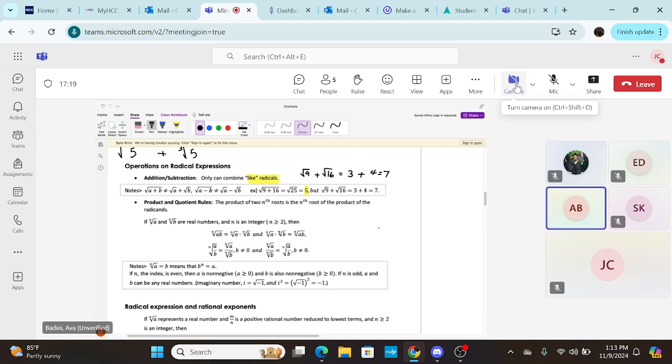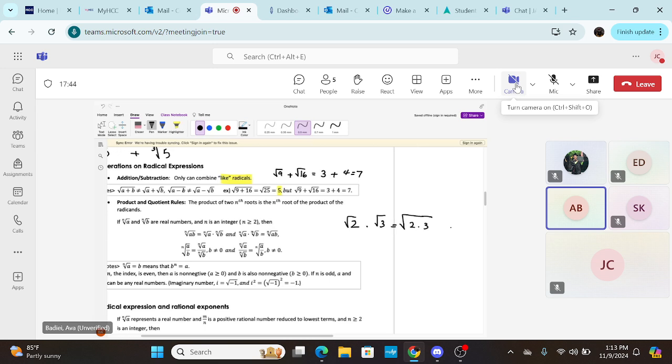The way it's going to work out, let's say I have square root of 2 times square root of 3. They have the same index. Now, the way I'm going to multiply them, I draw a big radical sign, multiply my numbers under it. So 2 times 3. It will be square root of 6.